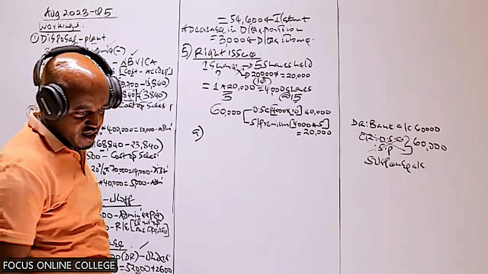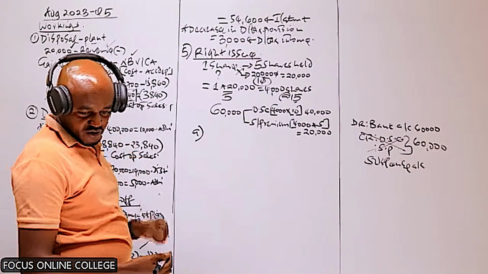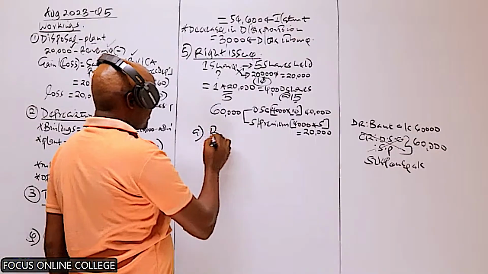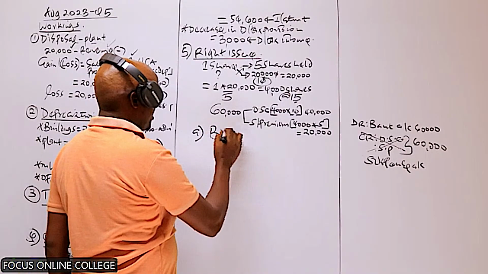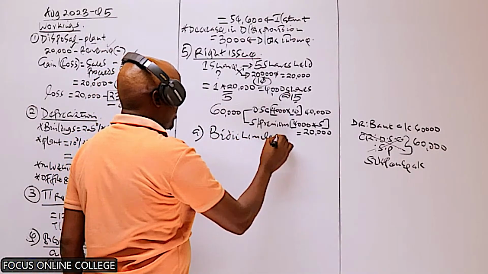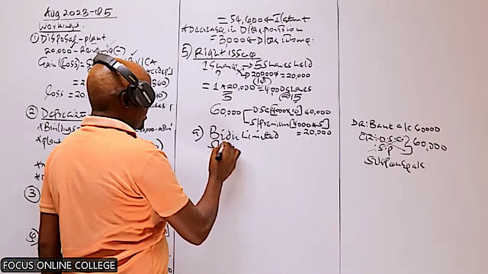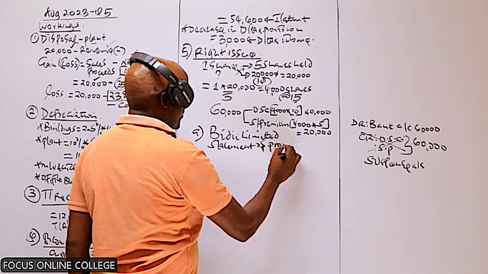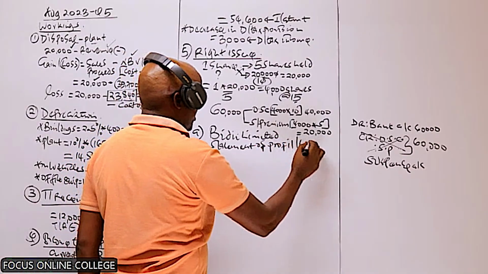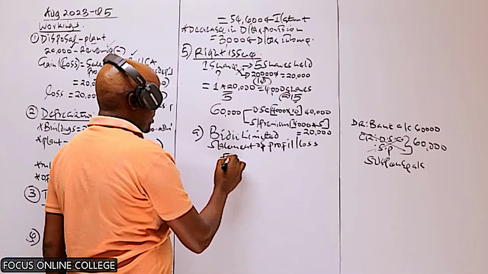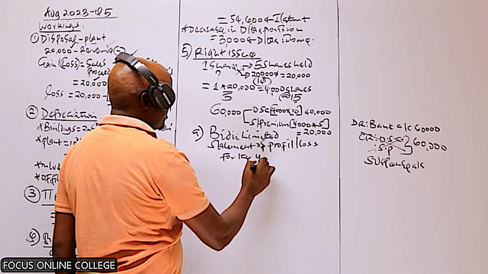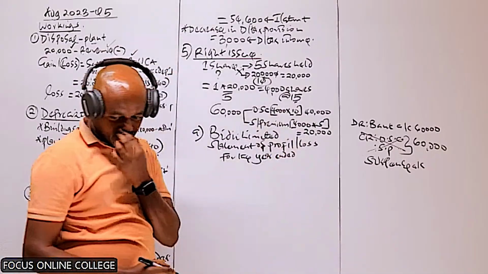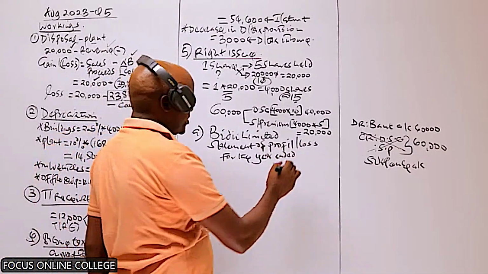So we start with part A. We have the title. The name of the company is BD Limited, and this is the statement of profit or loss, which is for the year ended 31st of December 2022.